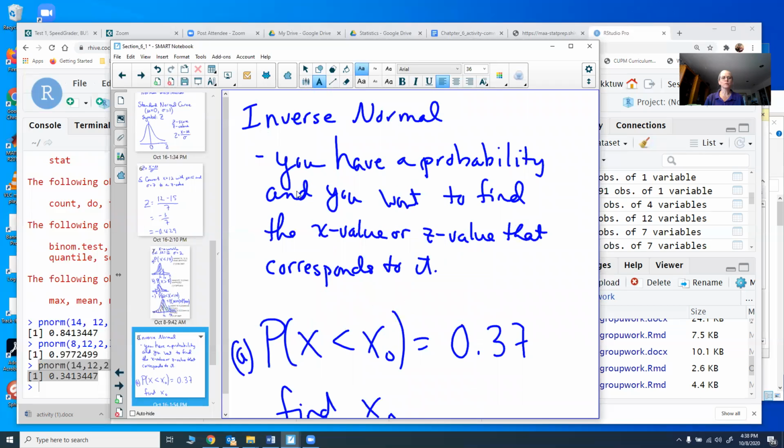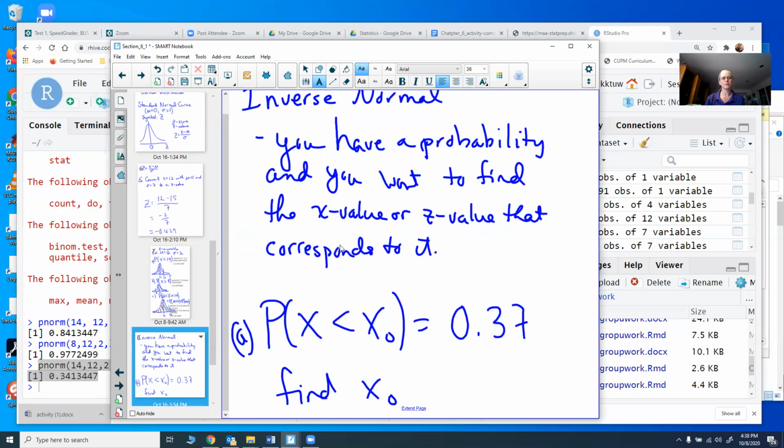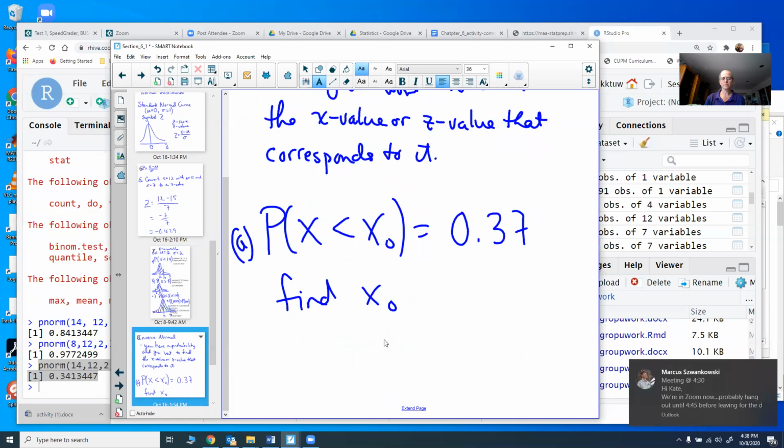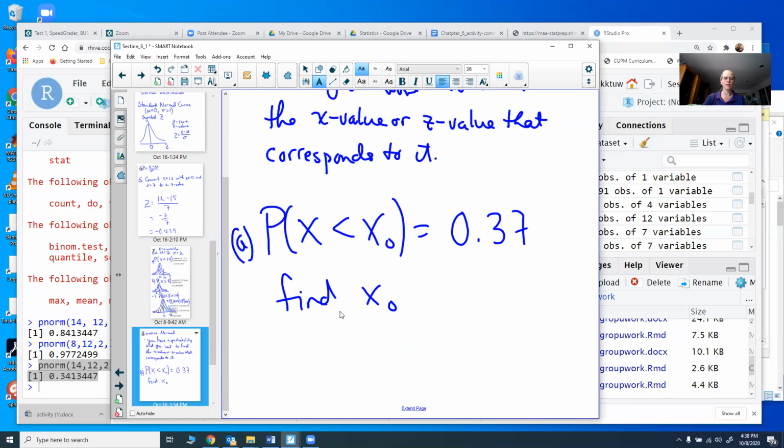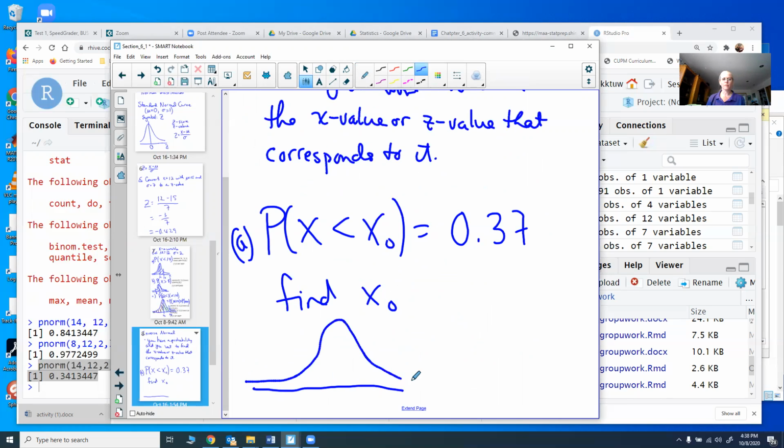All right, the last thing we can do is what we call an inverse normal. This is where we have the probability and you want to find the x value or z value that corresponds to it. So in this case, I'm going to tell you that the probability that x is less than x0 is some number. I'm telling you what that probability is. So if you think about looking at a graph, we're going to use that same one we've been using with 12 as the center.